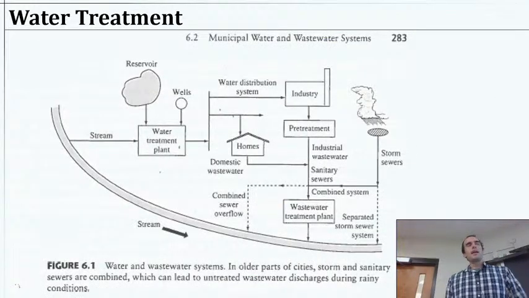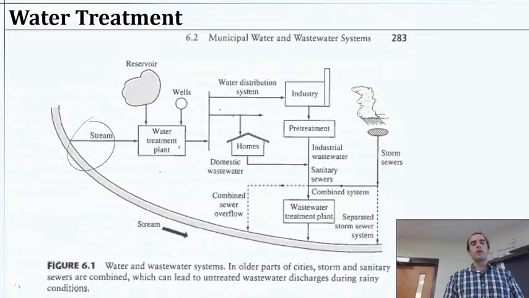So if we take some sort of water source and think about what the engineered water system will look like, a generic picture here for us has maybe a stream, a lake, a reservoir, or a well giving our treatment plant some water.